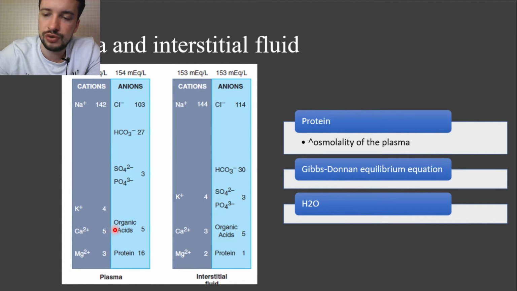The composition of the plasma and interstitial fluid differs only slightly in ionic composition. The slightly higher protein content in plasma results in a higher plasma cation concentration relative to the interstitial fluid, as explained by the Gibbs-Donnan equilibrium.